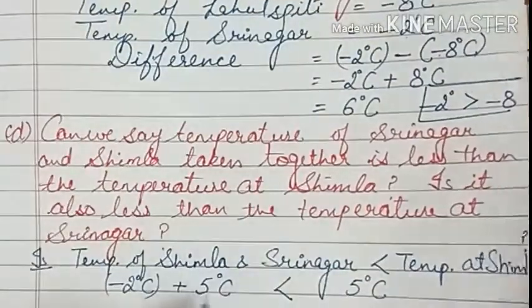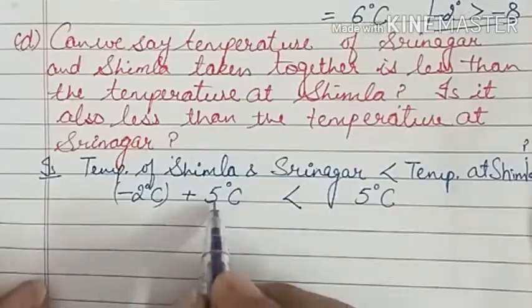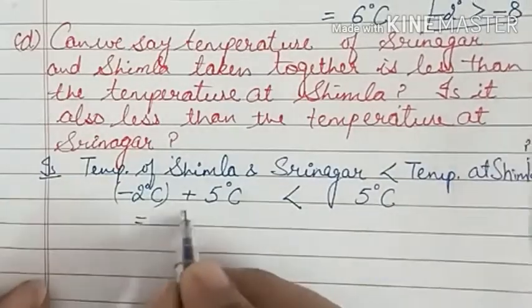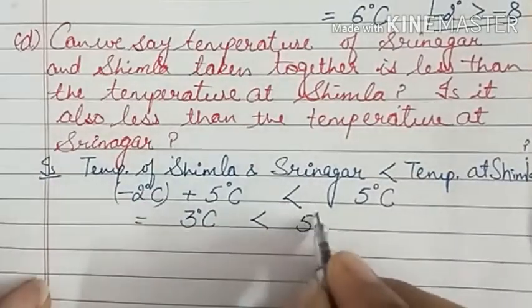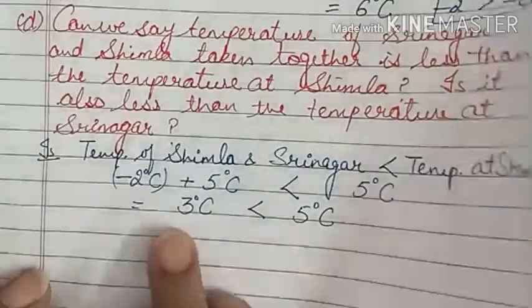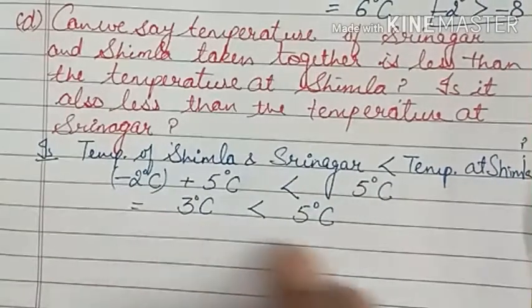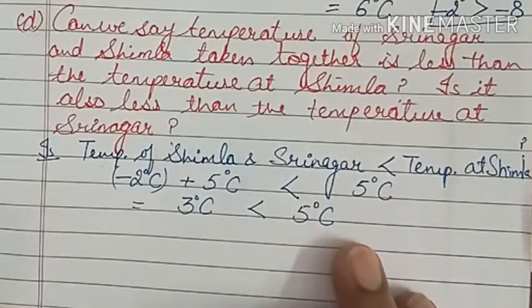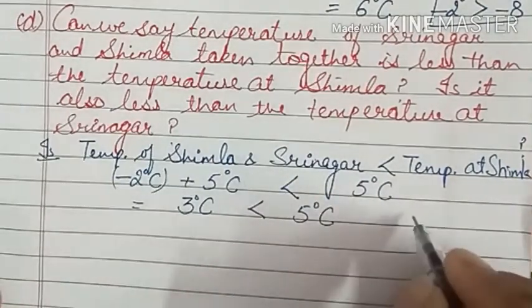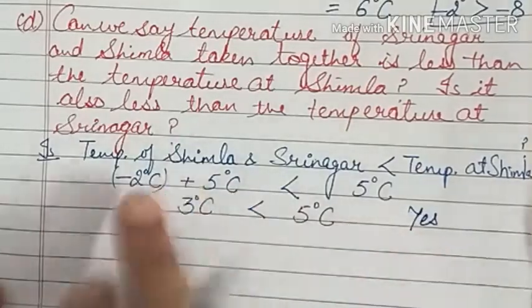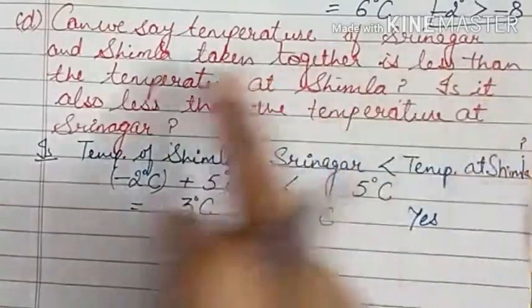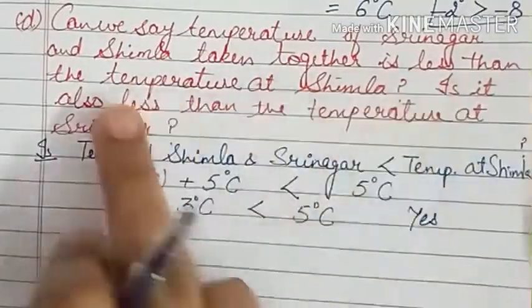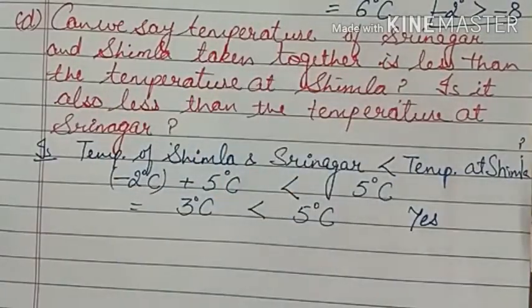So when we subtract 2 from 5, that means 5 minus 2, then it will come 3 degree Celsius. And this is 5 degree Celsius. So yes, 3 degree Celsius is less than 5 degree Celsius. Then we will say yes, it is true that if we take the temperature of Srinagar and Shimla together, then it will be less than the temperature at Shimla.